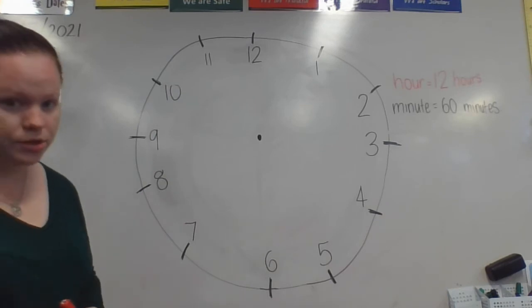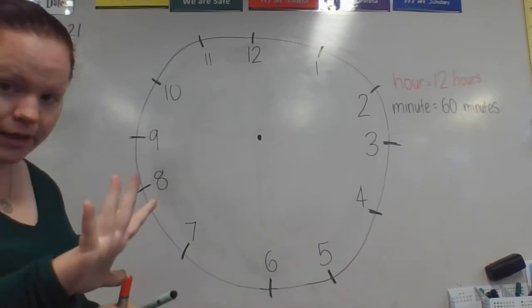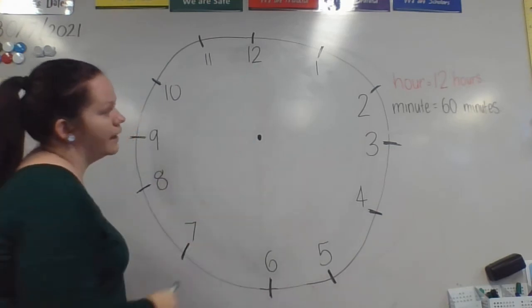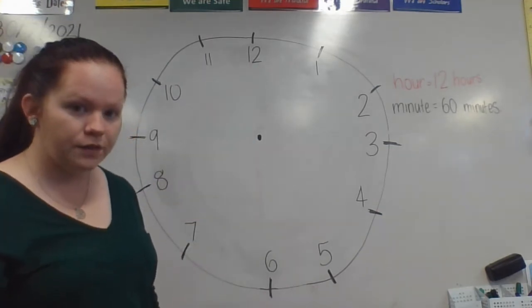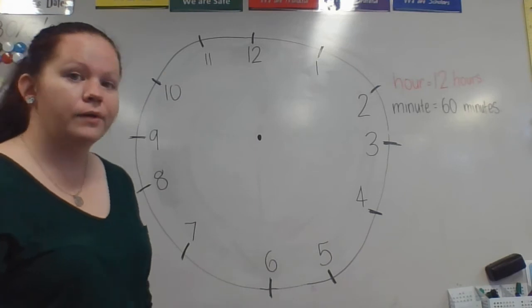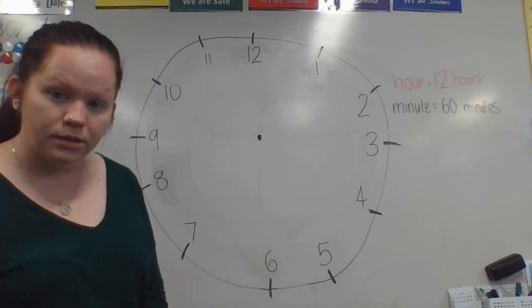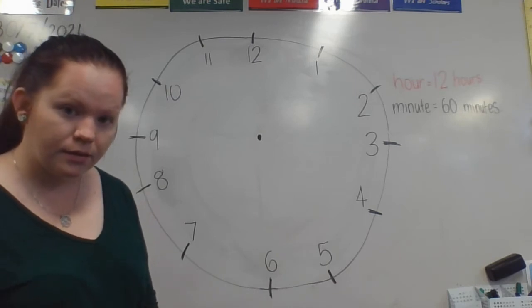So what we're going to do is count in 5s. If we start from our 12 and we have 12 different hours, if we divide it in half, that equals 6.